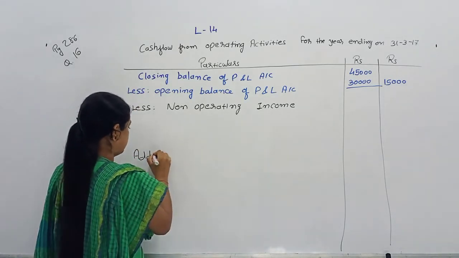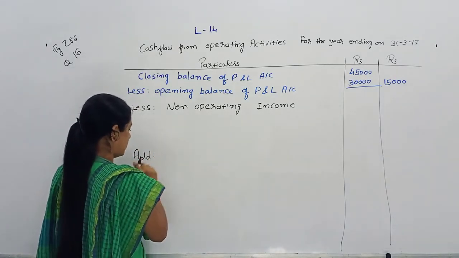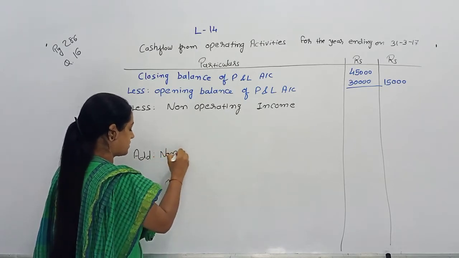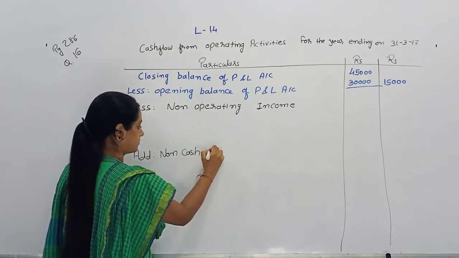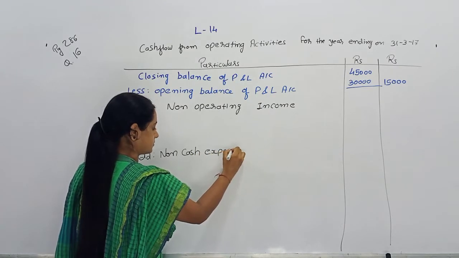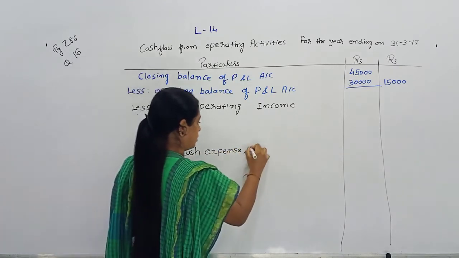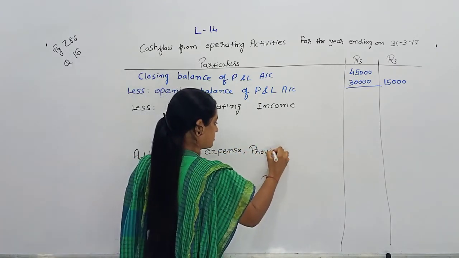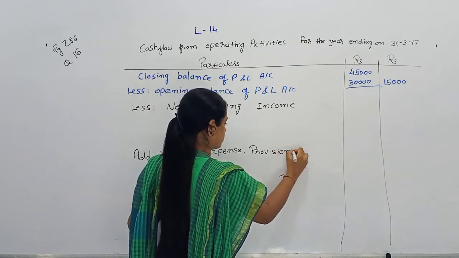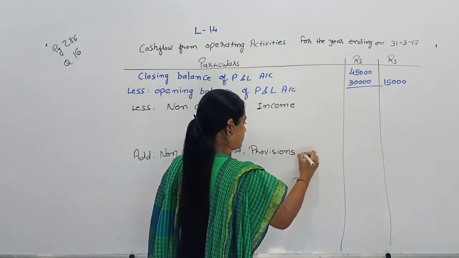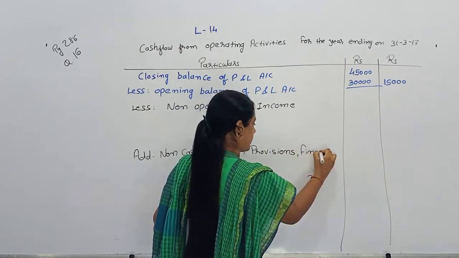Next, main head is add non-cash expense, provisions and financial expense.